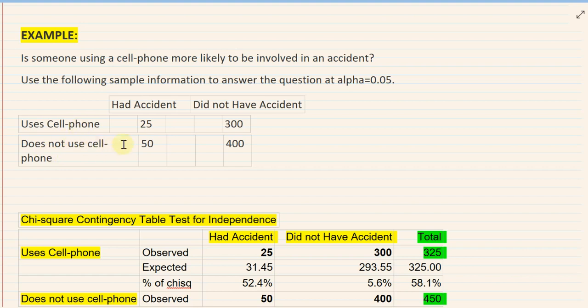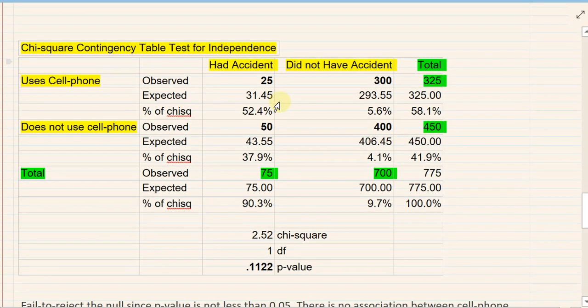Here are the actual observed frequencies: 25, 50, 300, 400. Just looking at this, we'll bring it down to the Megastat output now, right here. As far as the totals go, the sample size is 775.